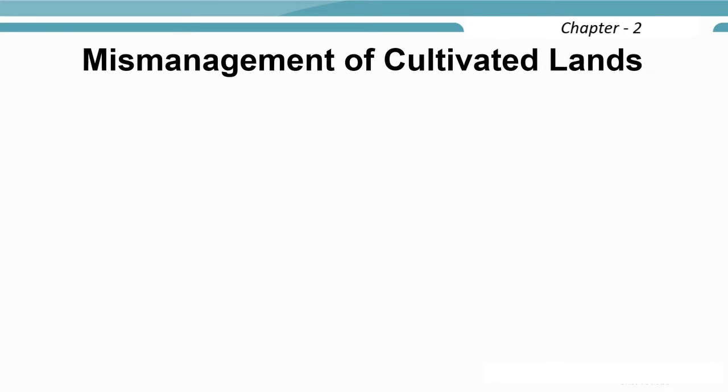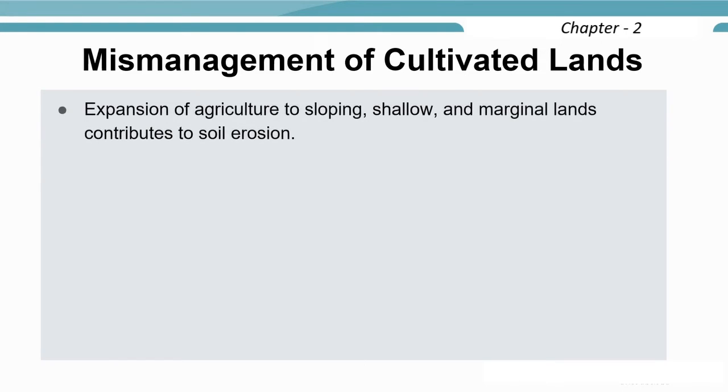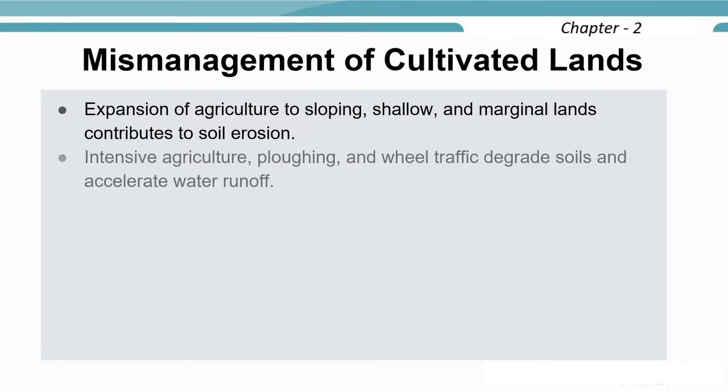Mismanagement of cultivated lands. Expansion of agriculture to sloping, shallow and marginal lands contributes to soil erosion. Intensive agriculture, ploughing and wheel traffic also cause degradation of soils and accelerate the water runoff.